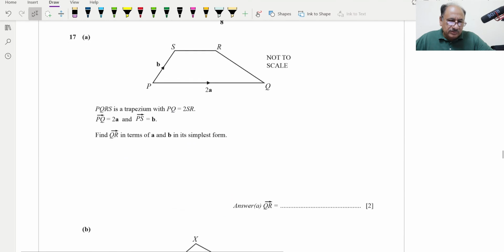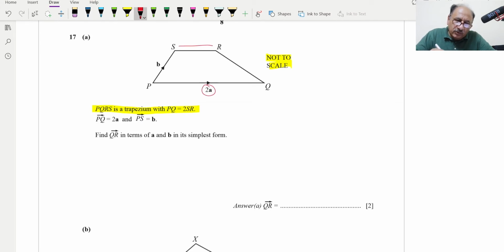And now question number 17, this is a vectors question. Diagram is provided which is not to scale. PQRS is a trapezium with PQ equal to 2SR. So it means SR, this length, is half of this length.